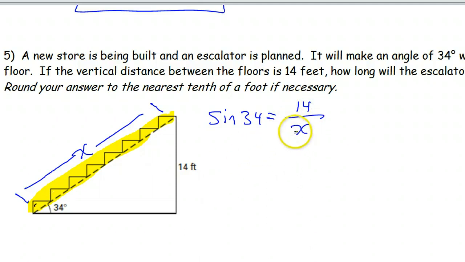See how the variable is in the denominator? That's when you want to reverse. You want to swap these out. So this is going to give you x is equal to 14 over sine 34.